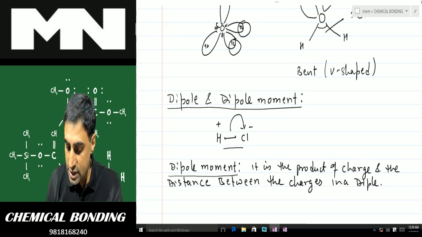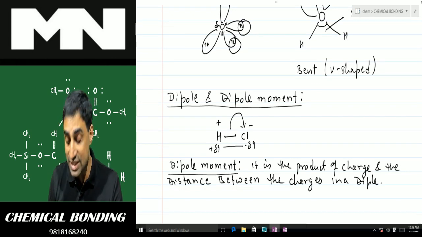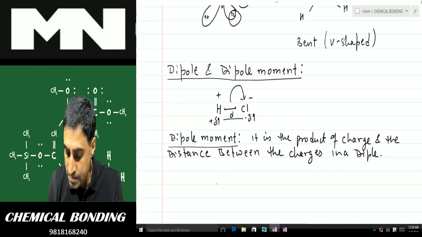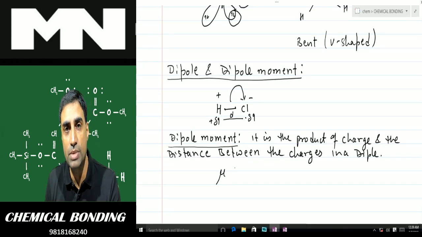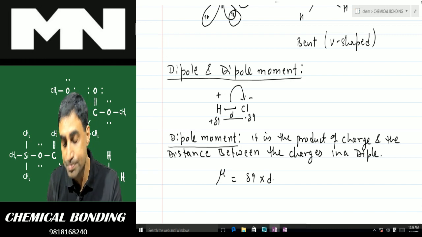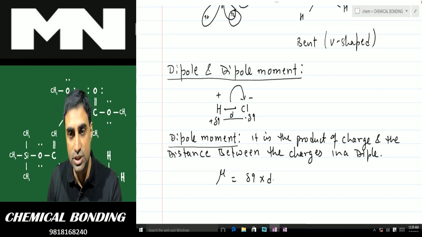Now suppose here in this case, chlorine has a negative charge of del Q and hydrogen has a positive charge of del Q. So I can say the magnitude of the charge is del Q and suppose the distance between them is d. So I can say here that the dipole moment, which I represent by mu, is equal to del Q into d. So dipole moment is a product of charge into the distance between the charges.